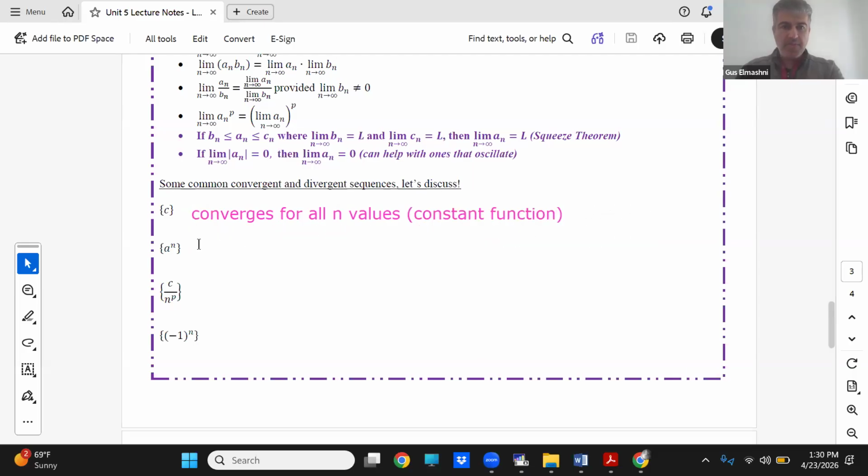Okay, this one's kind of interesting. If you have an exponential function, how does it converge? Converges when that happens. Oh, sorry, I meant to say A. That was dumb.